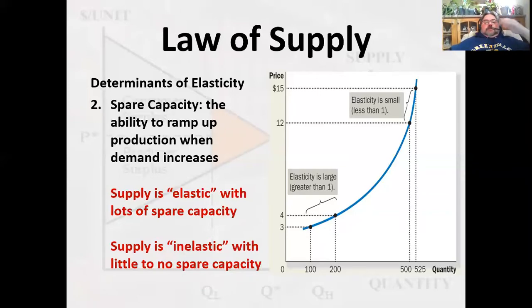So when you have little to no spare capacity, your supply is said to be inelastic. You cannot adapt quickly to an increase in demand. If you do have a lot of spare capacity, your supply is said to be elastic.